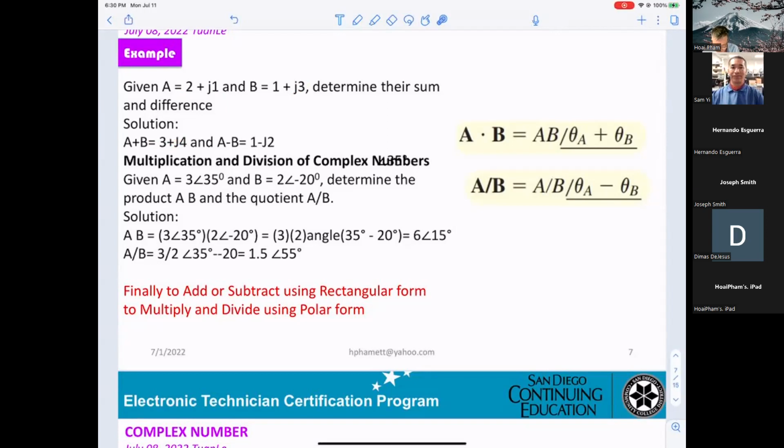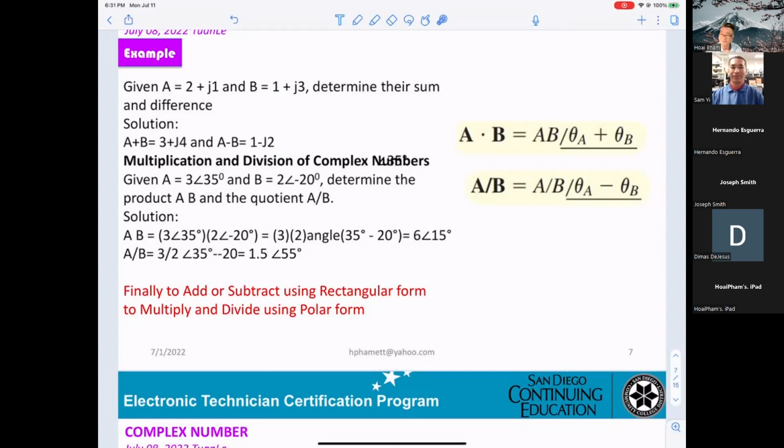And now you get a subtraction, A minus B. Same thing. Real minus real, you get 1. The difference between j1 and j3 is minus j2.